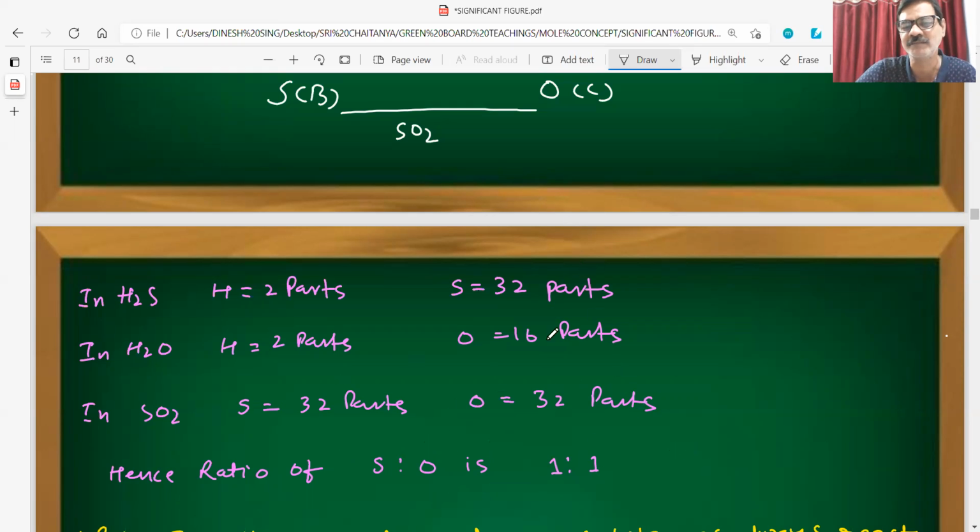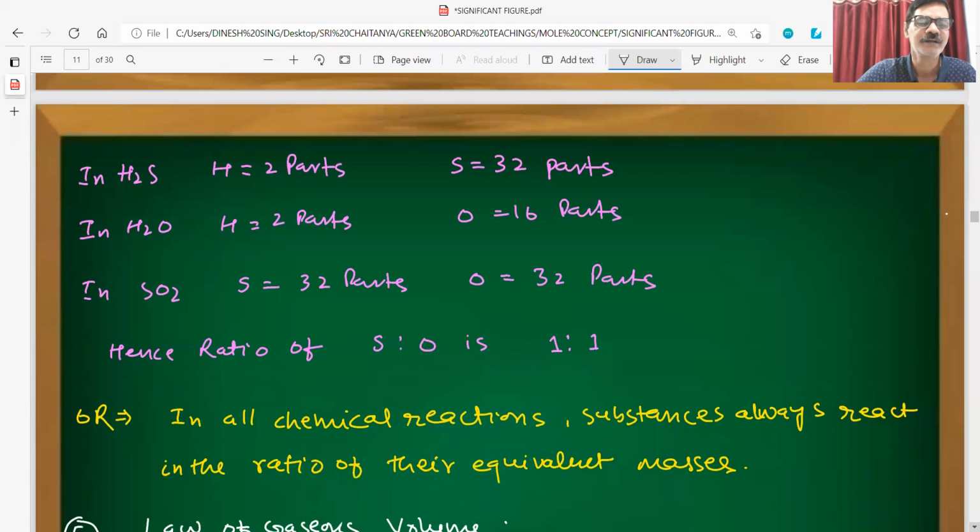So it may be the same ratio or it may have a simple ratio. Or in other words, we can say in all chemical reactions, substances always react in the ratio of their equivalent masses.